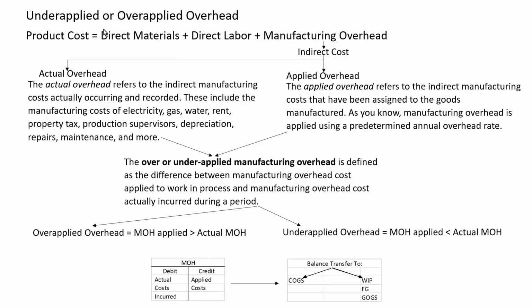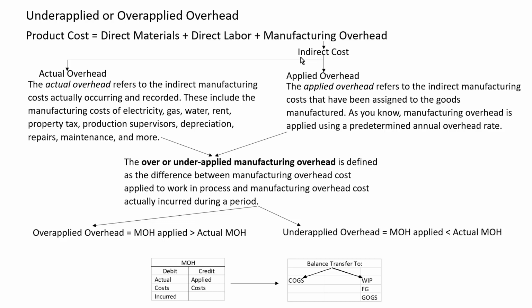Underapplied and overapplied overhead. As you have learned, overhead refers to the indirect manufacturing cost. These are manufacturing costs other than direct materials and direct labor. Since overhead costs contribute to the production of inventory and are incurred throughout the production process, they must be allocated to each job.